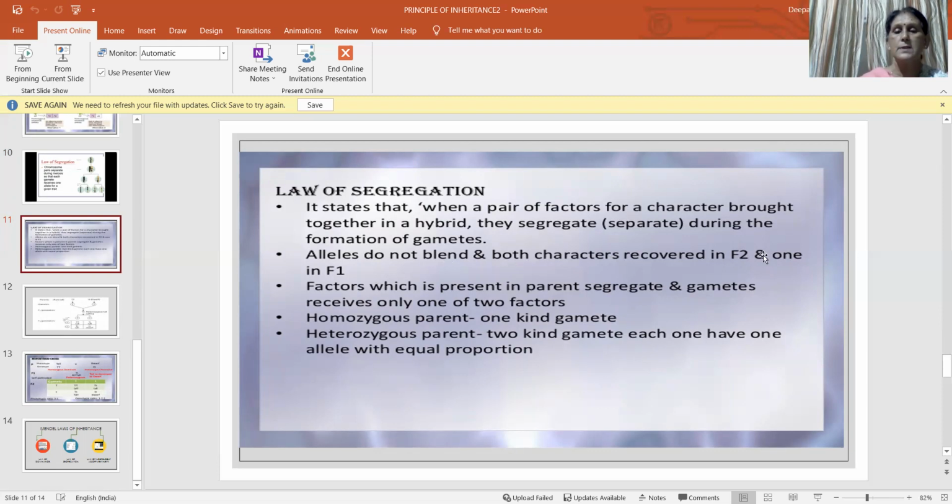It gets expressed in the F2 generation. So the factors present in the parent separate during gamete formation, and each gamete receives only one of the factors. A homozygous parent produces one kind of gamete, and a heterozygous parent produces 2 kinds of gametes, each with one allele in equal proportion.